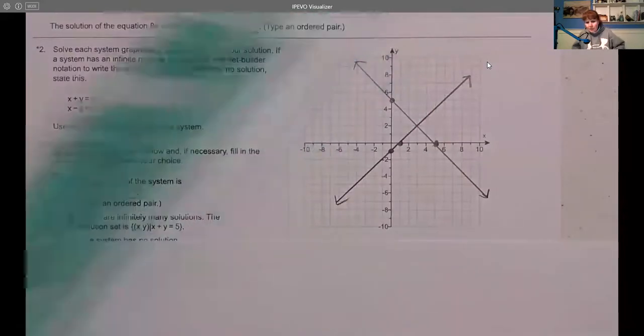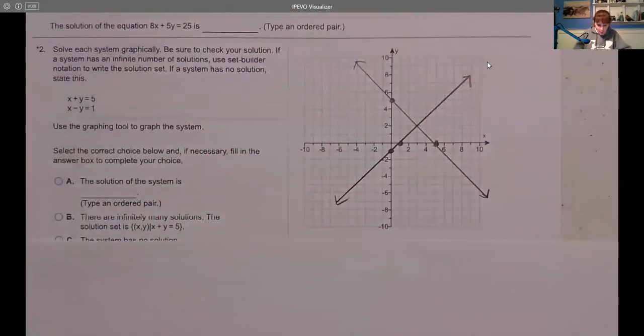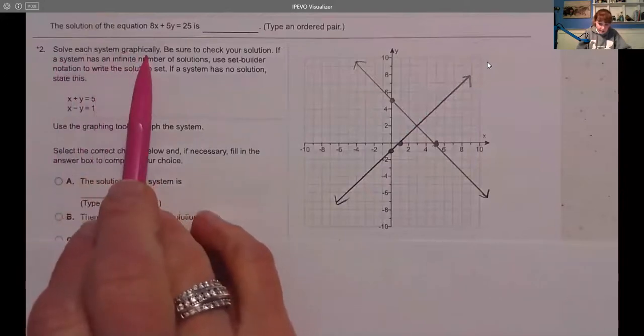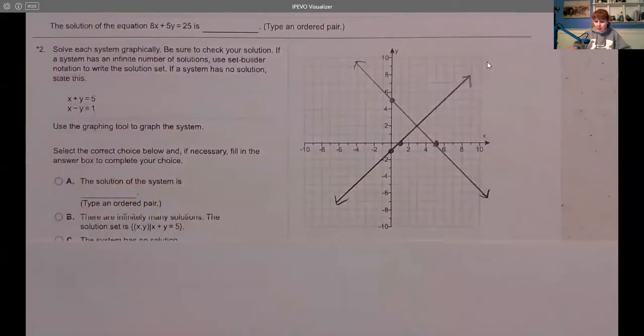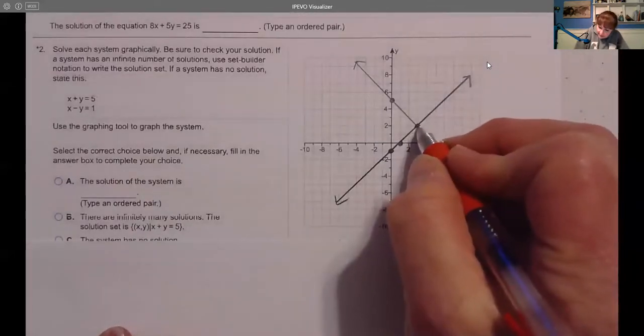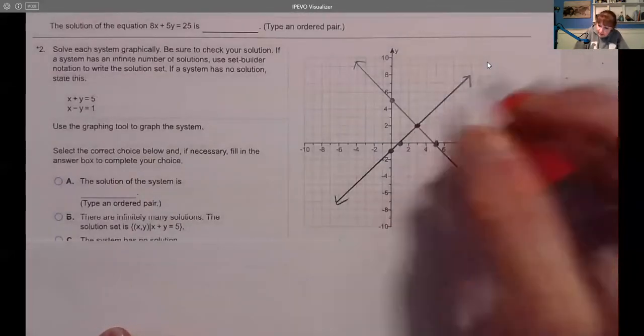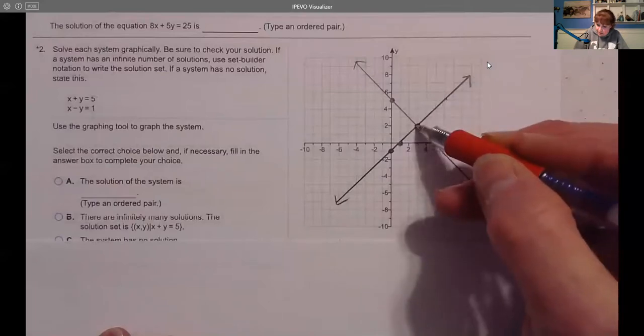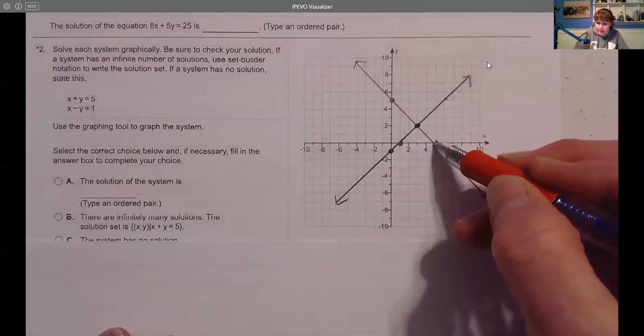When I'm asked to solve a system of equations, to solve each system graphically, what I'm looking for is what ordered pair will work in both of them. The ordered pair that will work in both of them is this point right here. This point is a solution to this equation, and this point is a solution to this equation.